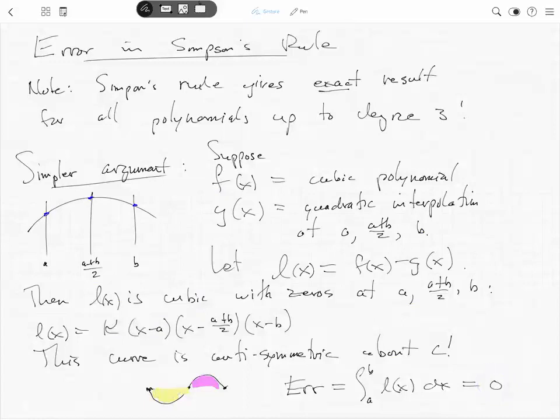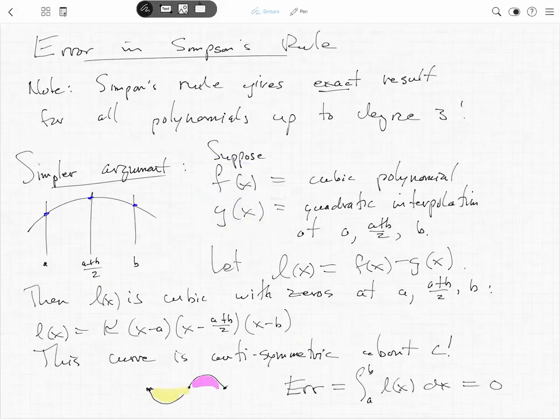Now that's important because the integral of L is in fact the error in the estimate using Simpson's rule. It's the error in the integral using Simpson's rule. So remember, g was the quadratic polynomial, quadratic interpolation. So according to Simpson's rule, we estimate the integral of f by taking the integral of g.